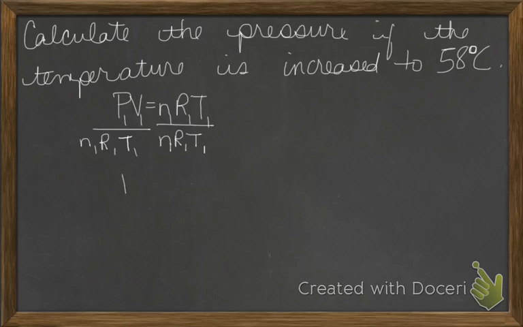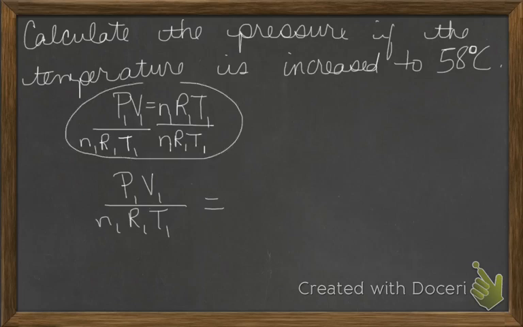What I would have is P1 V1 over n1 R1 T1, for the gas under the first set of conditions. It's going to be equal to what? Do you see that this same equation would apply to the gas under the second set of conditions? So it would be equal to P2 times V2 over n2 R2 T2.